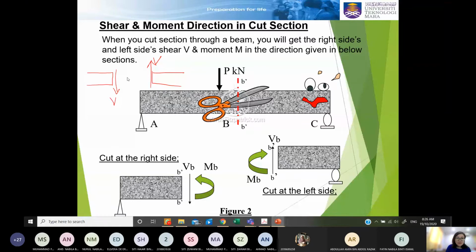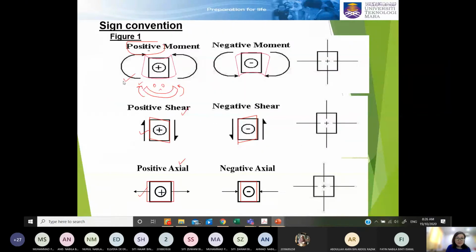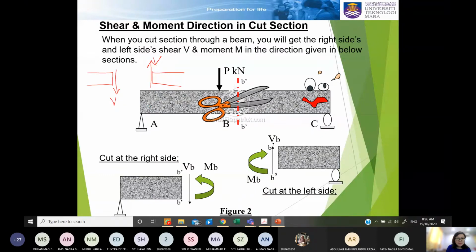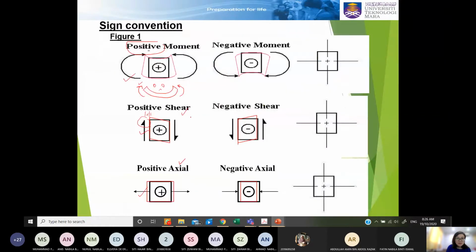Let's have a look back on this. If you cut a section at left, this is going up. Can you see that? This is at this side.